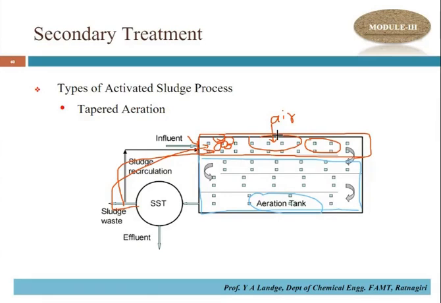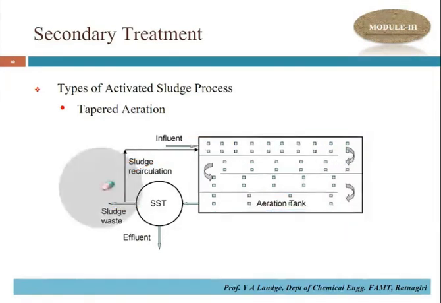Once that process is completed, it is sent directly to where the organic matter decomposition starts with the help of the air supply to the microorganisms. So whatever load comes initially through this aeration tank, we can now reduce. This is the simplification of the tank, and that's why we call it contact stabilization.